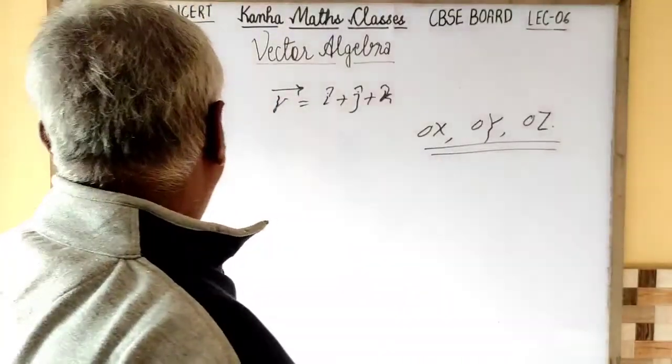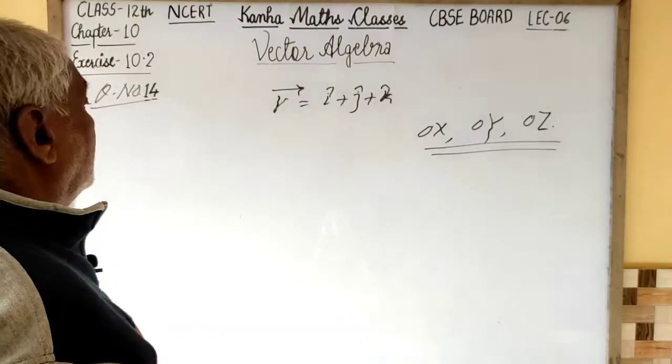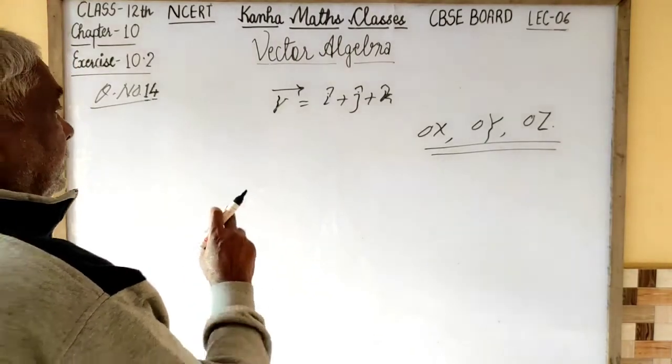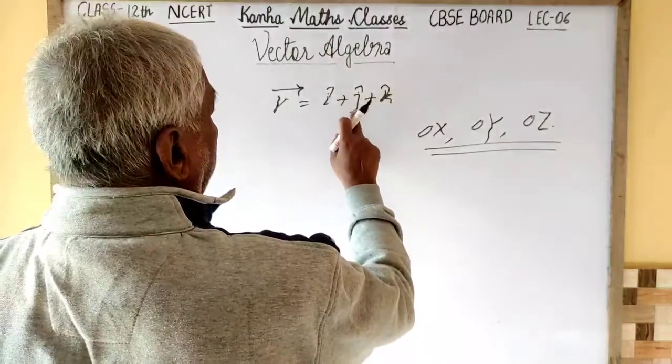Now under question number 14, we are given vector r is equal to i plus j plus k.